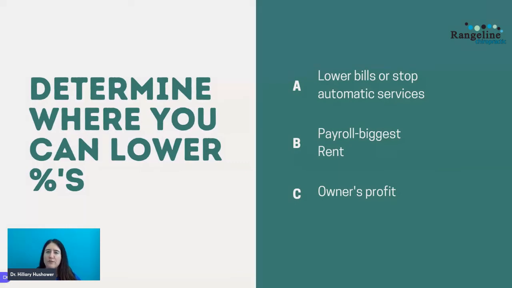But for your owner's profit and owner's draw, are you making sure that you're staying to the percentage that you want to allocate to you and your payroll? Some people actually are not paying themselves enough, and then again, some people are taking too much. Then at the end of the month, they're like, oh, I don't have any money left over for XYZ. Well, that's because it's poor planning and poor allocation.